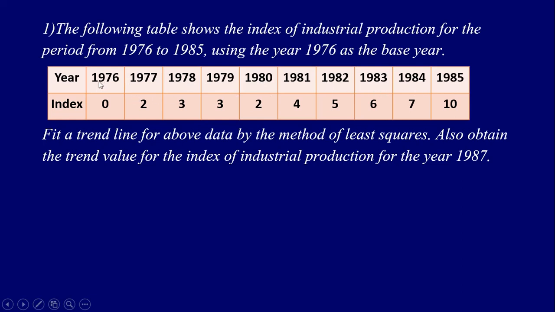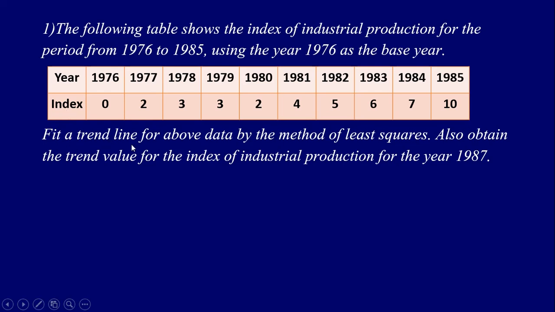From 1976 to 1985, these are 10 years, so 10 years of observations are given. The second variable is index: 0, 2, 3, 3, 2, 4, 5, 6, 7, 10. So these years are values of variable t, and these are values of index, that is, values of y.